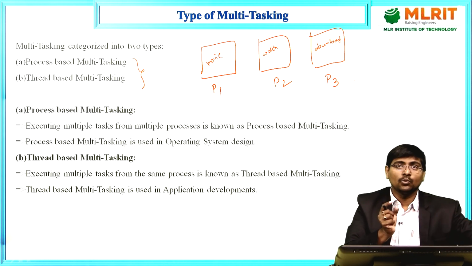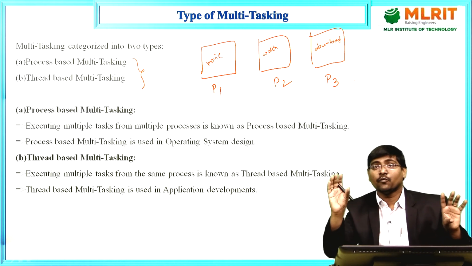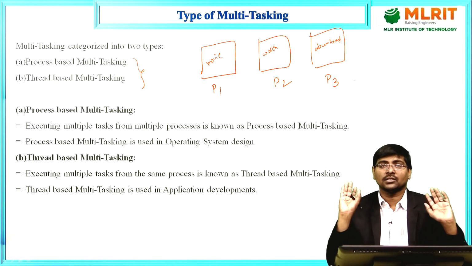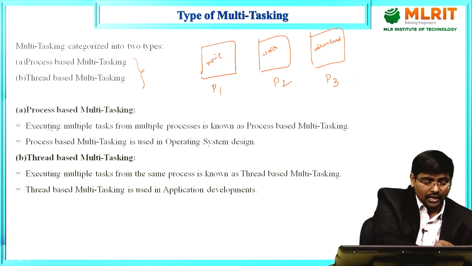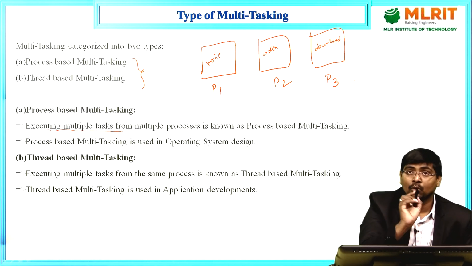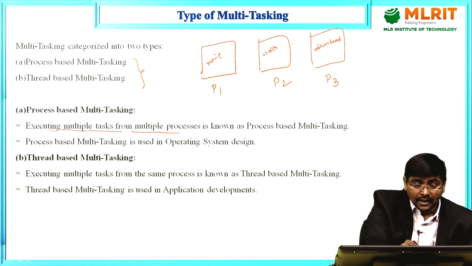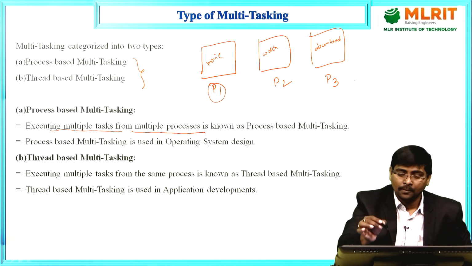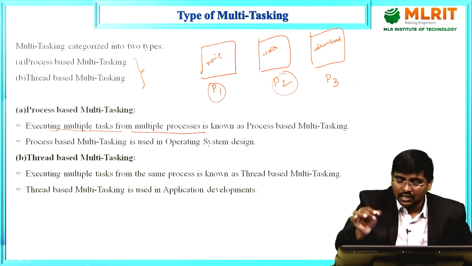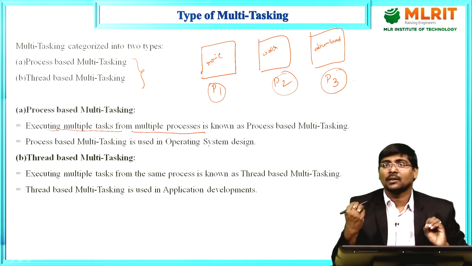Here the address of process 1 is different from the address of process 2. Both have different addresses. See this? Executing multiple tasks from multiple processes. So P1 is one process, P2 is another process, P3 is another process.